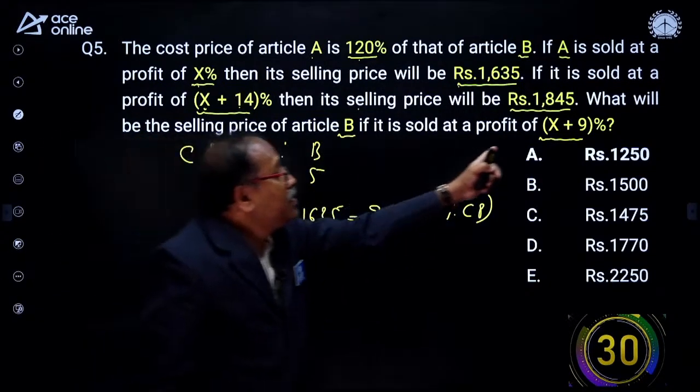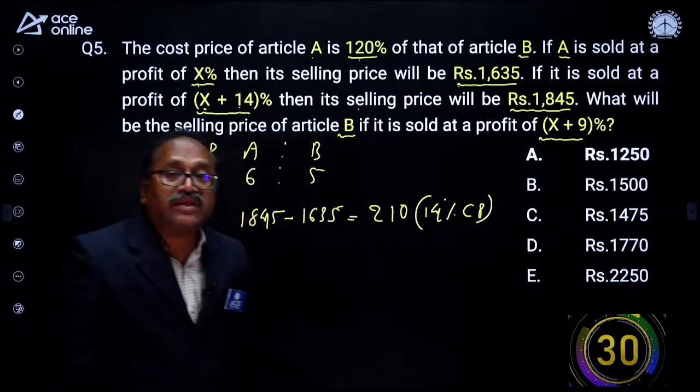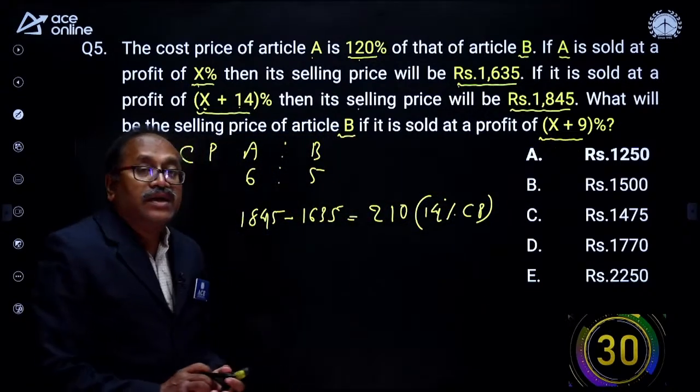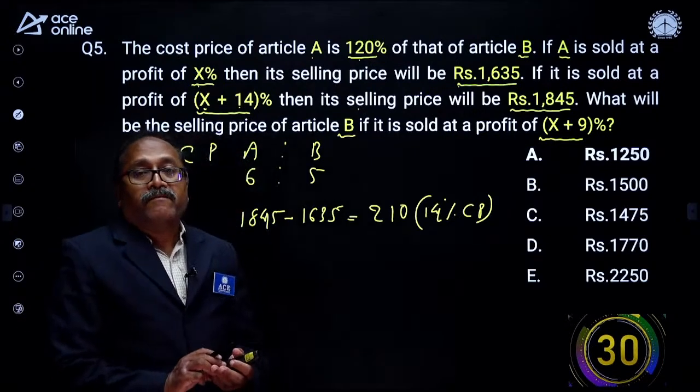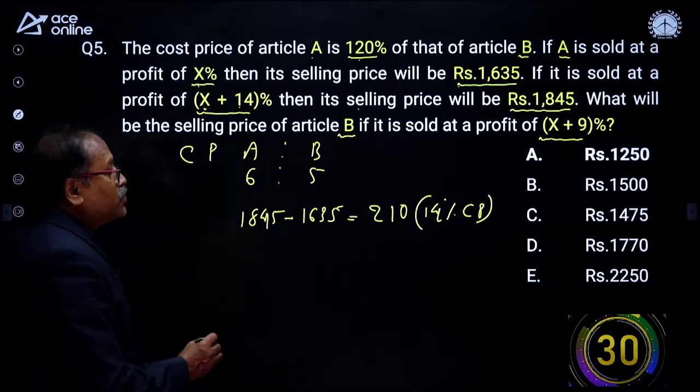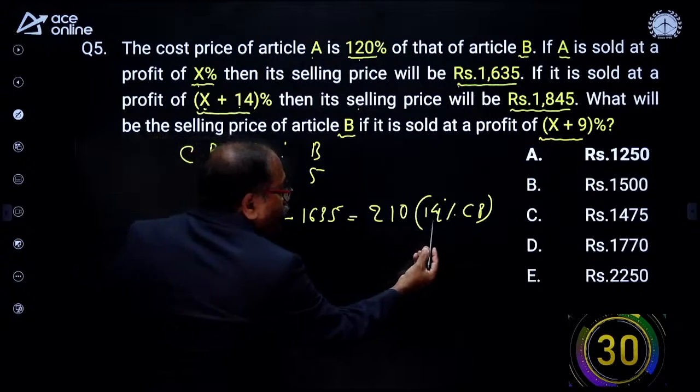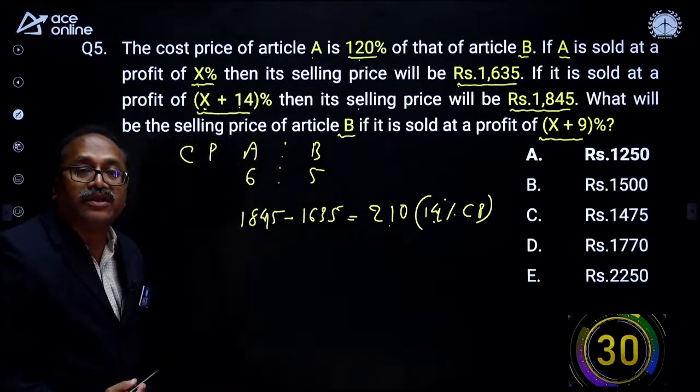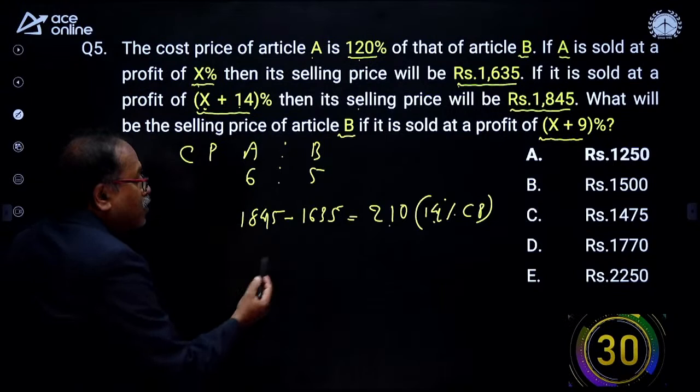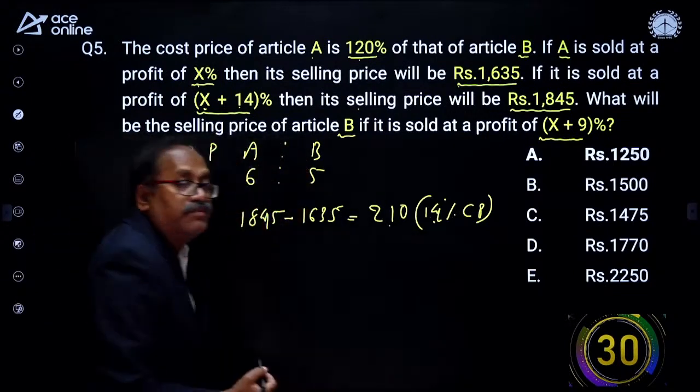And B is to be sold at X plus 9%. That means I need the X value also. So how do I get the X value? Let's find it out. 14% of the cost price is 210. In other words, 210 is 14%.